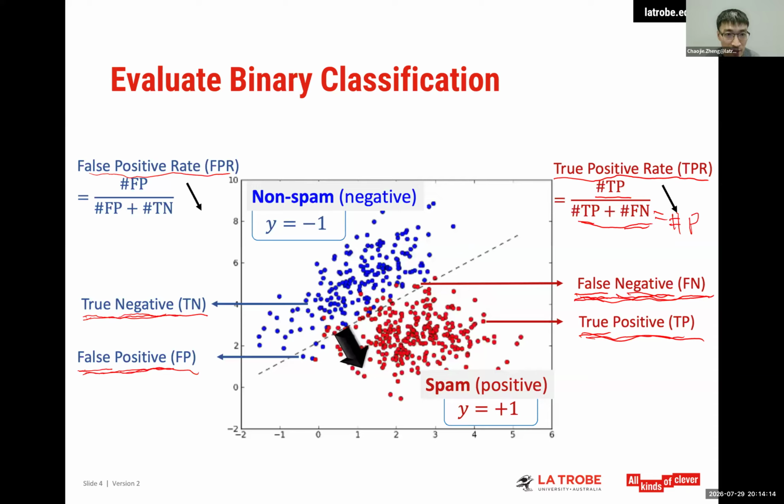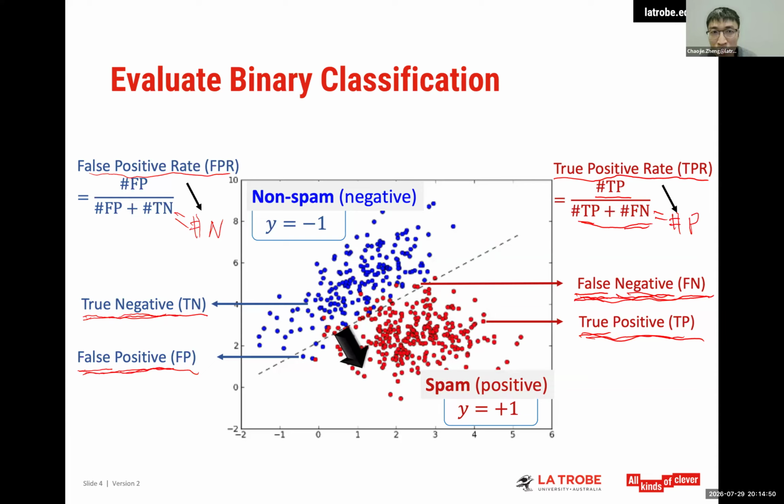So the false positive is the blue point on the wrong side of the separator, and the true negative are the blue points on the correct side of the separator. And both of them make up the total number of negative samples. So that is the true positive rate and false positive rate.